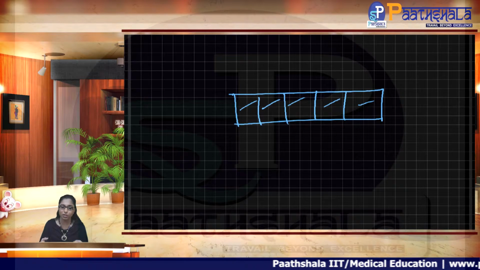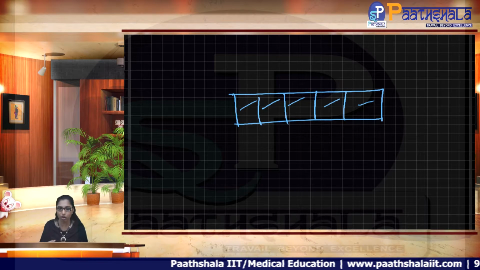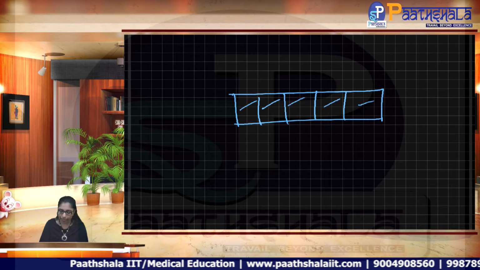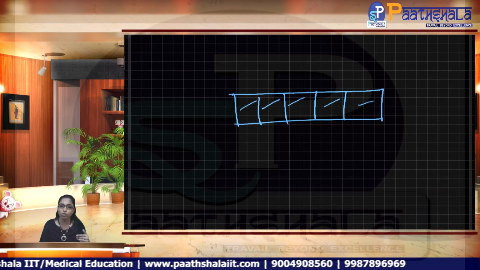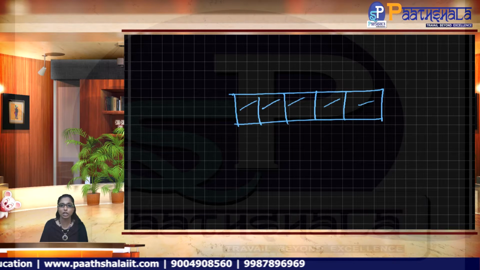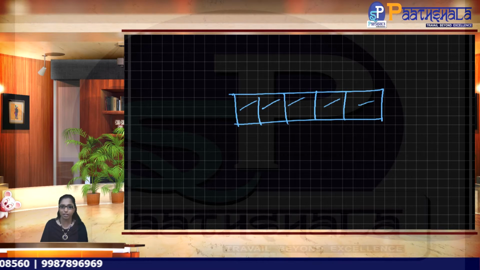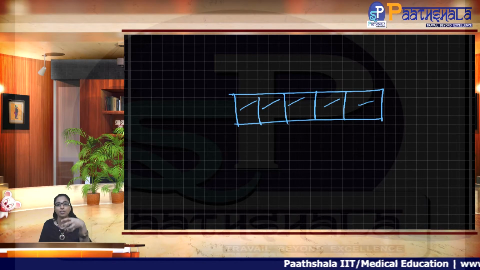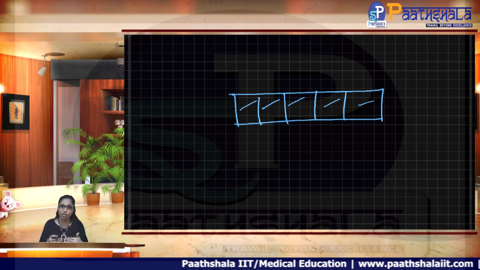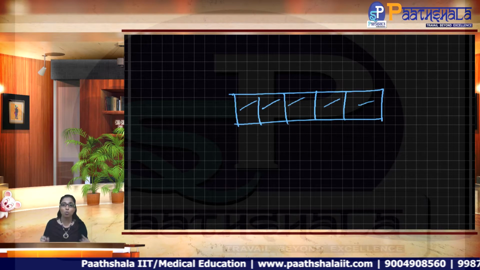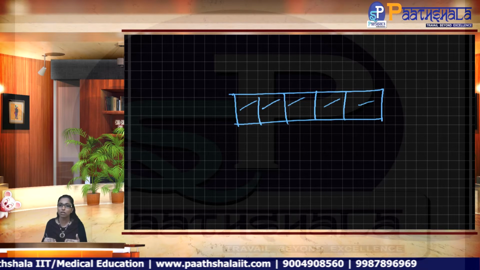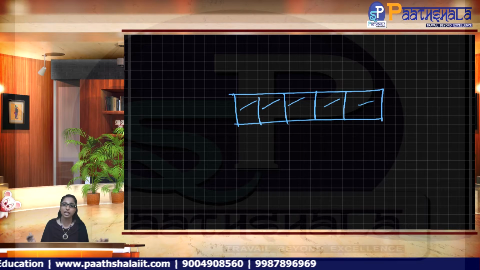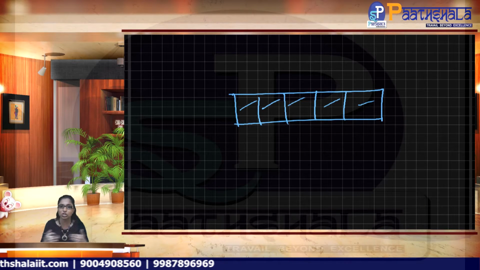That means the d orbitals will no longer be degenerate. Since the ligands are approaching along the axis, the orbitals present along the axis are bound to face the maximum effect. Because of the repulsive force, the energy of dx square minus y square and dz square is lifted, and thereby the energy of xy, yz and zx, which are present between the axes, is lowered in order to conserve the energy. Since energy is neither created nor destroyed, it's just conserved in the process.